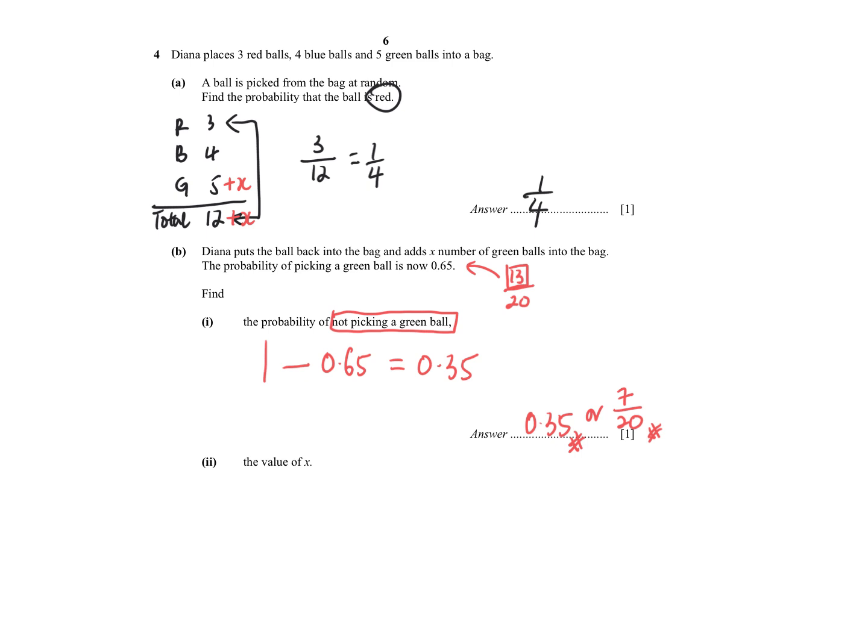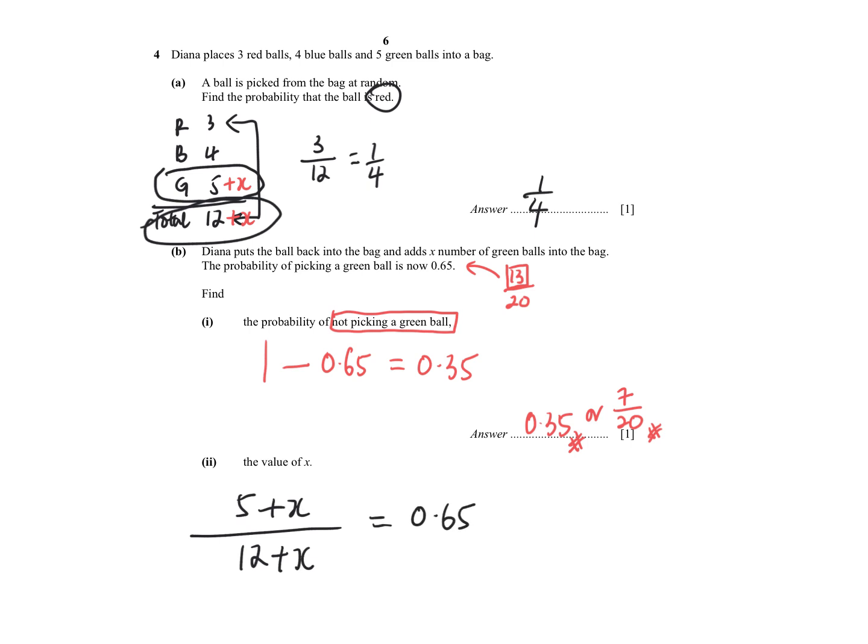So green is this, out of the total 12 plus x, it must equal 0.65. Or if you prefer fraction, it is 13 over 20. Or if you just do normally, this is what you have.